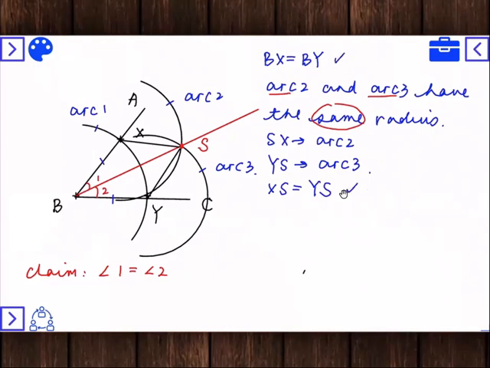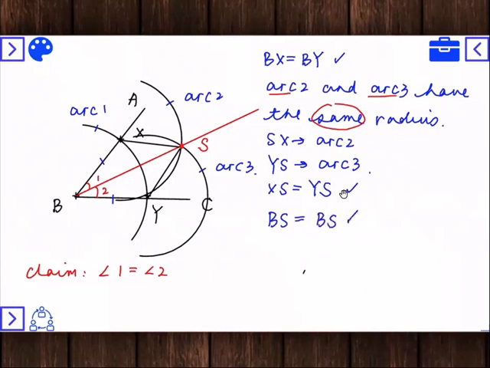So BX and BY, that's our first piece of information. Now we have two sides of the two triangles. We know that they're equal. We have the last piece, which is BS. BS is a common shared side of the two triangles. And of course, BS is equal to BS, right? Because it's just one line segment. So BS must be same to BS.